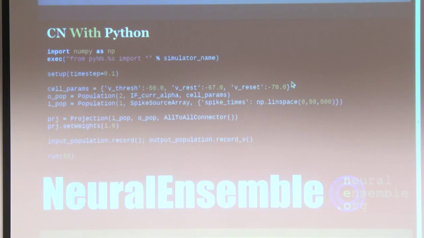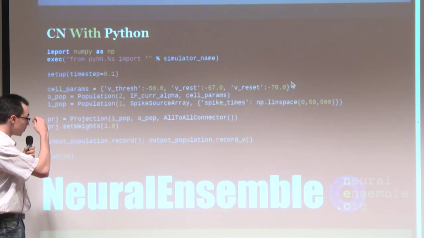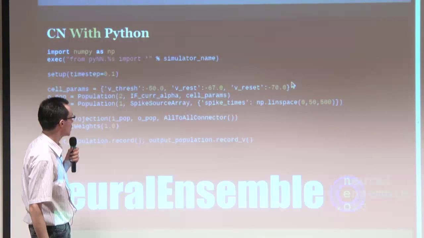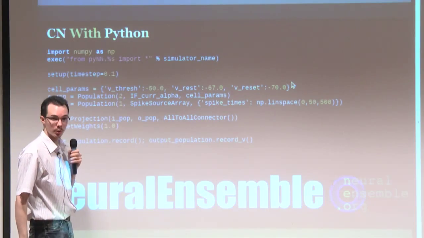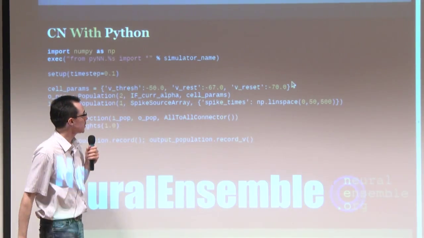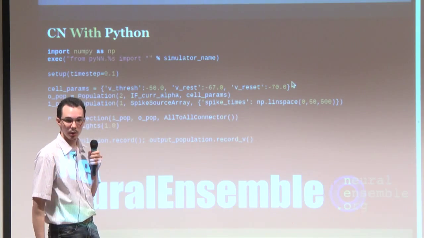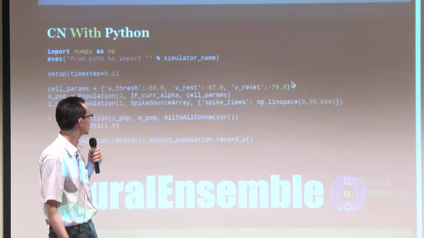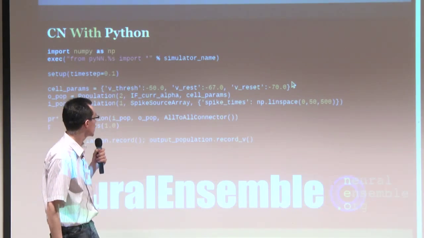Here I'm changing a few electrical properties of the membrane of neurons, like the threshold at which an action potential, so an electrical signal, is generated, because it's all about electrical signaling between neurons, and chemical also, but about electrical changes.